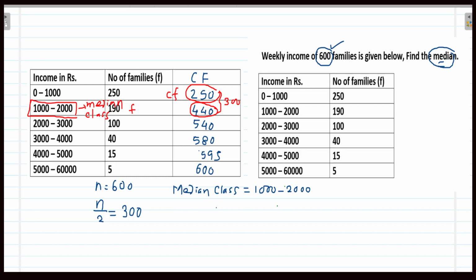Then L, the lower limit, is equal to 1000, then F, that is 190, then the cumulative frequency, that is 250, and then H, the height, that is 1000.